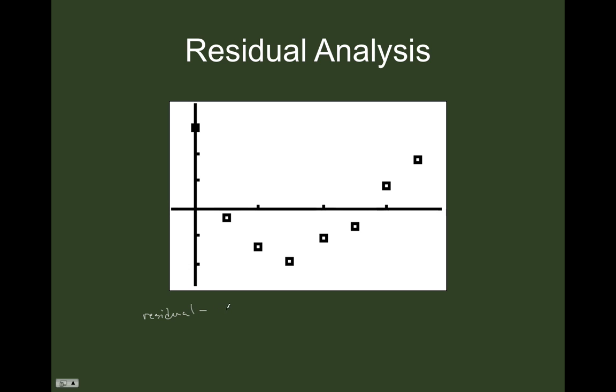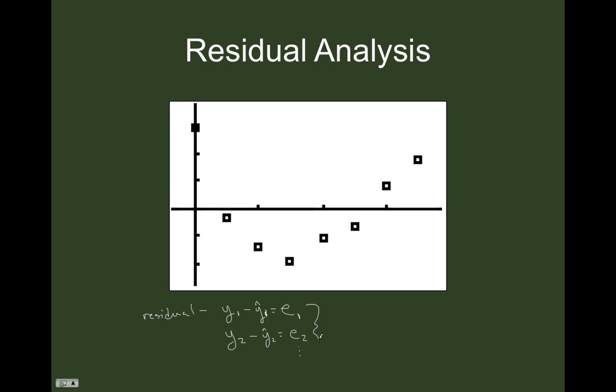The residual is the observed y value, say for observation 1, minus its predicted value, and that's not an I, it's a 1, and that's going to be the first residual. And so each one of the observations has a corresponding prediction and has a corresponding residual.